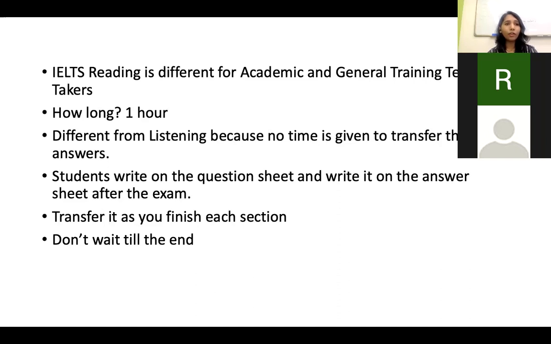They're borrowed from an academic context, maybe from different fields of study, and the passages would include ideas and words that are unfamiliar to the test taker. Whereas if you're doing it in the GT, then the passages are more relatable to your daily life, and it's only section 3 that contains unfamiliar ideas and unfamiliar passages. Then the duration is 1 hour.